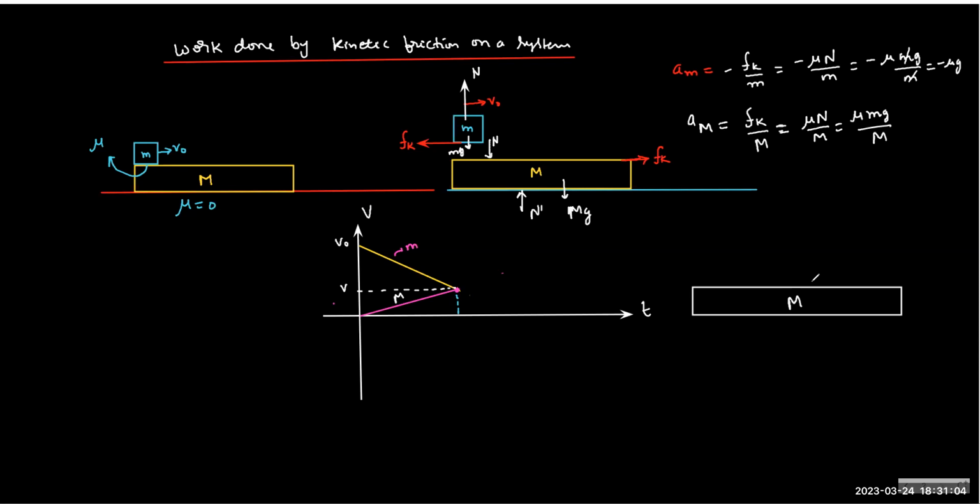But when this happens, will the block be on the left side or somewhere on the right? Somewhere on the right. So the plank has moved a lot of distance. But when they start moving together with the same velocity, in the meantime, the block will travel some relative displacement.